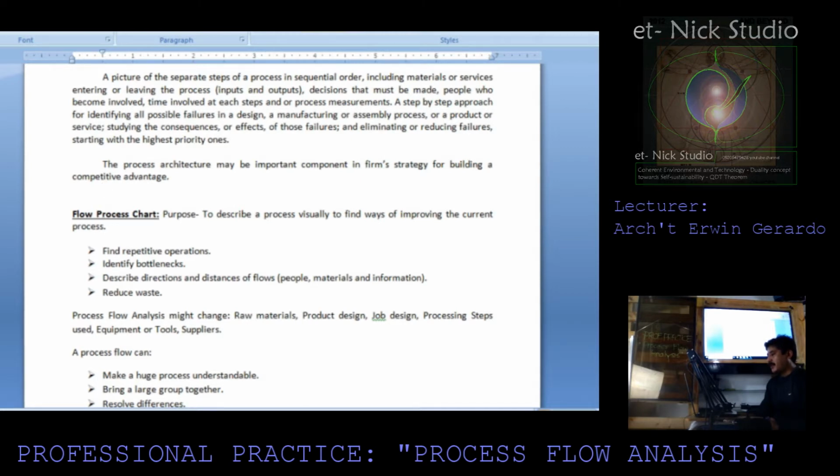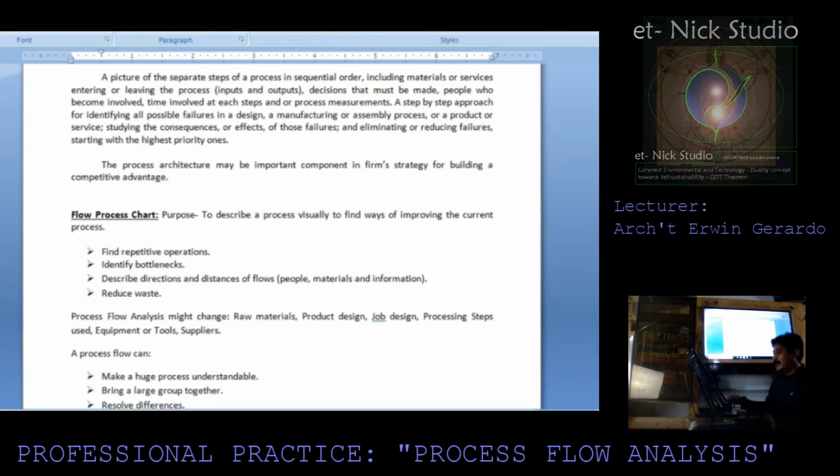A step-by-step approach for identifying all possible failures in a design, a manufacturing or assembly process, or a product or service, studying the consequences or effects of those failures and eliminating or reducing failures, starting with the highest priority ones. The process architecture may be an important component in firms' strategy for building a competitive advantage.